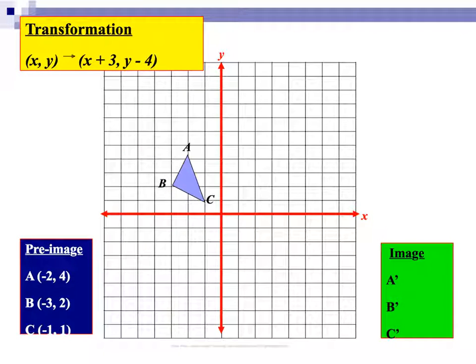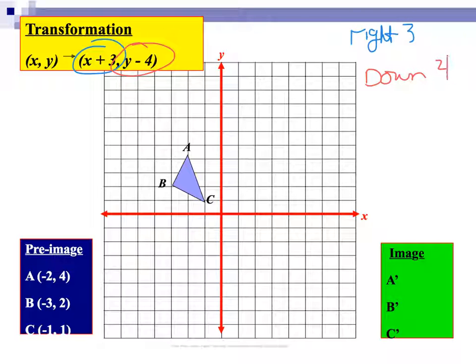So now we're going to move on to a problem that involves moving in both directions. So the first one says x plus 3. So this means to the right 3. And then you have y minus 4. So that means down 4. So what this looks like is to the right 3, 1, 2, 3, then down 4, 1, 2, 3, 4, and then you put a point.